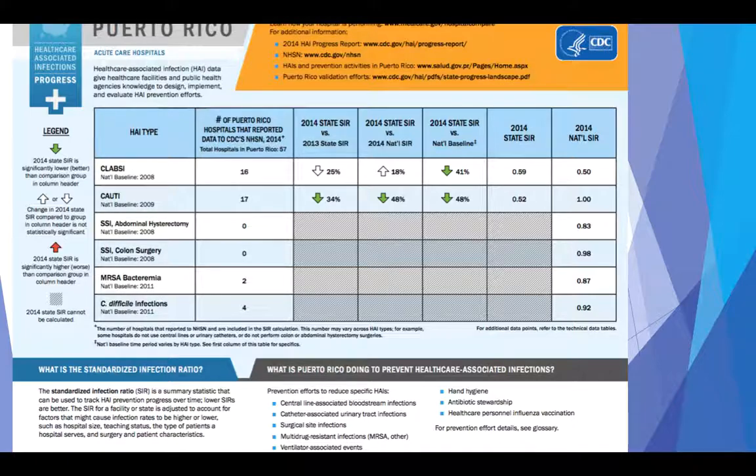But in comparison to the national SIR, we have that CLABSIs in Puerto Rico are 18% higher, but CAUTIs are 48% lower. So that's so you get a sense of how Puerto Rico compares to the United States.